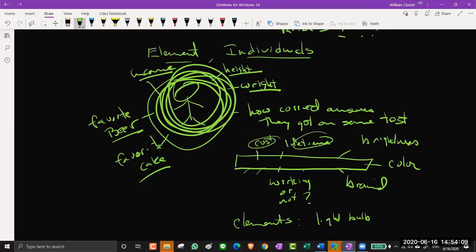Could be people, they could be light bulbs, they could be anything. But then from the element, you measure different attributes or different variables. Okay, that's the concept regarding this question.